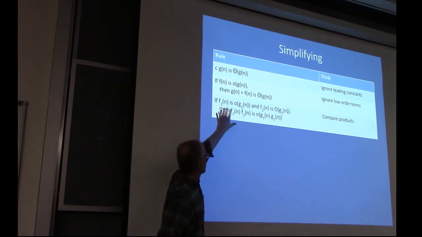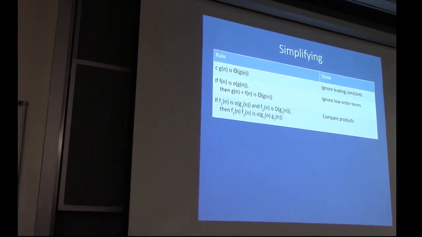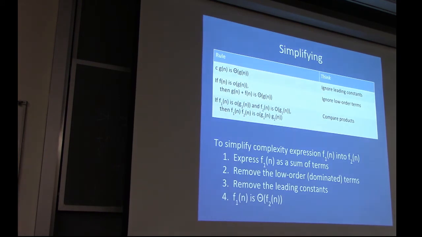So I'll come back, there are too many parentheses in that rule to describe right now. I'm going to use it in practice and then come back and show you what it says. So to simplify a complex expression, you express it as a sum of terms, you remove the low order terms, you remove the leading constants, and what's left has the same rate of growth as the original.